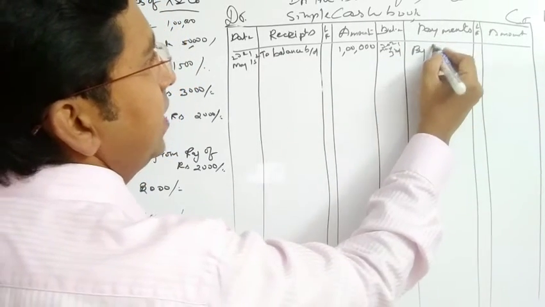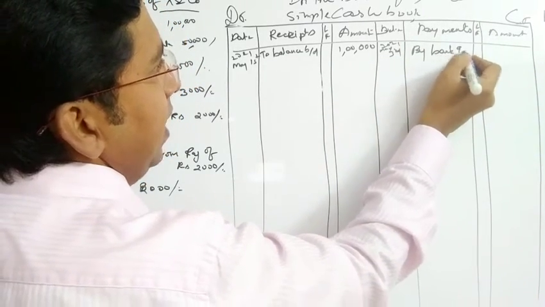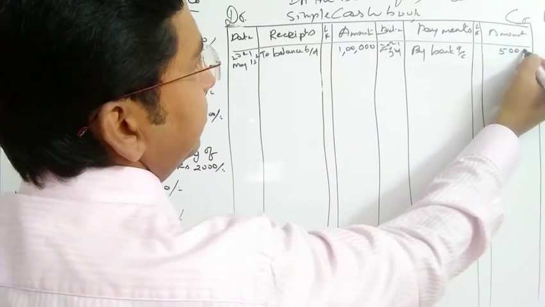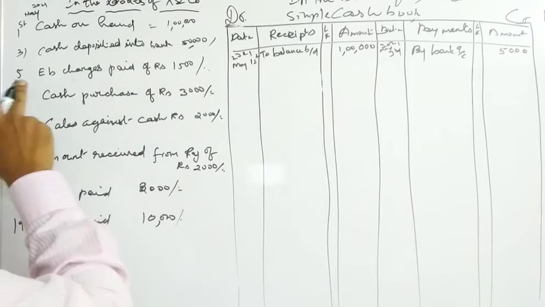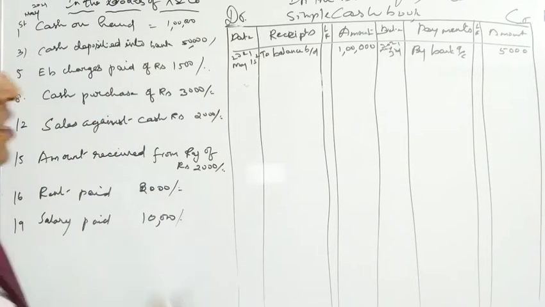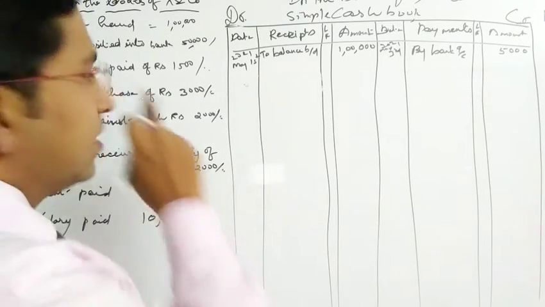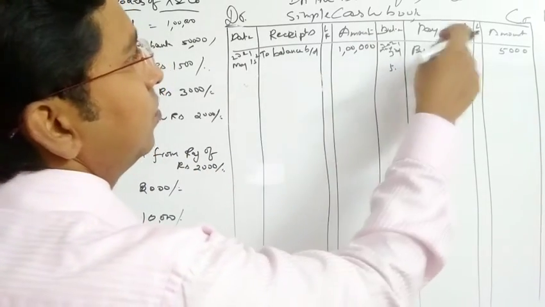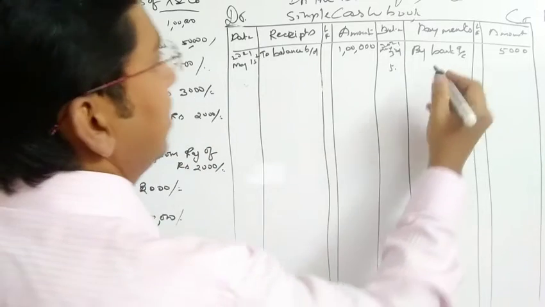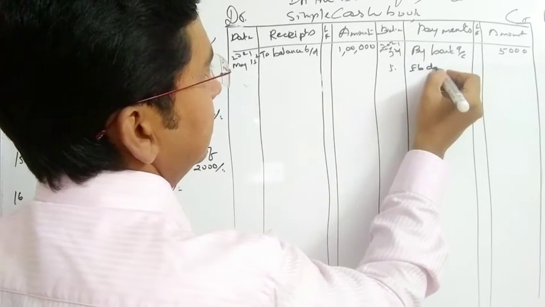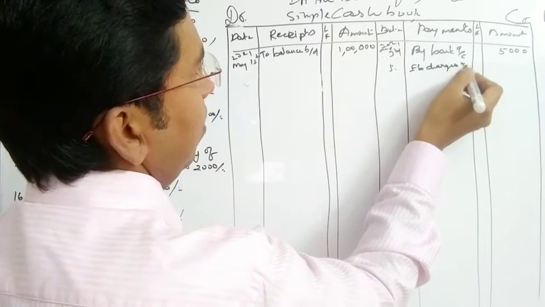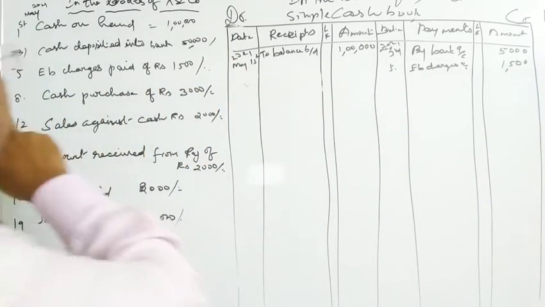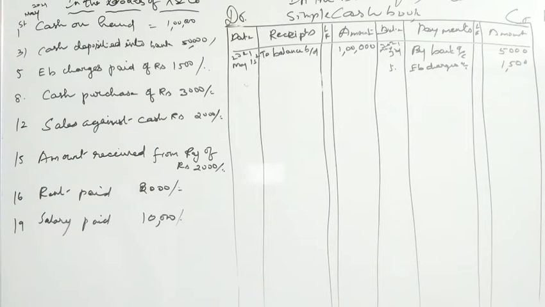Credit side, by bank account, 5,000. Next, on fifth, EB charges paid. It is an expense for us, so we go to the payment side: by EB charges account, 1,500.